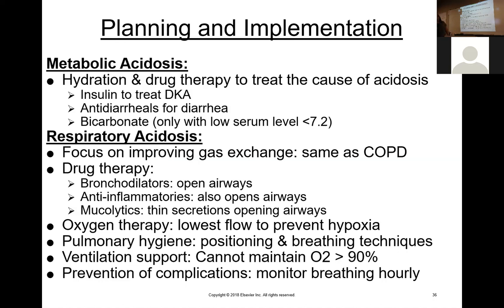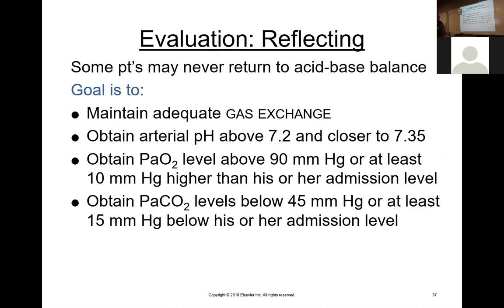Oxygen therapy, we want to use the least amount of oxygen necessary. Ventilation support if we have to. Monitor breathing, that respiratory assessment is critical. Evaluating, maintain adequate gas exchange.